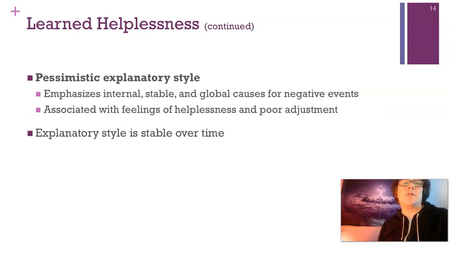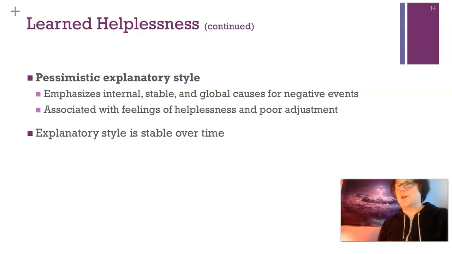When it comes to learned helplessness, the explanatory style that most puts a person at risk for feelings of helplessness and poor adjustment is one that emphasizes internal, stable, and global causes for bad events. This is what's known as the pessimistic explanatory style.